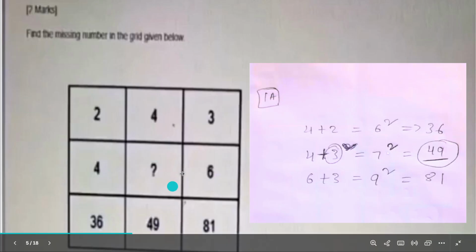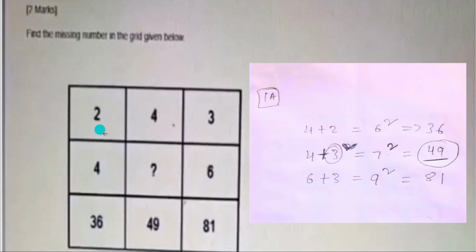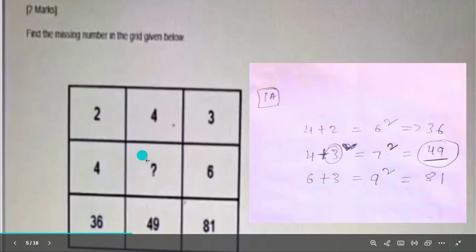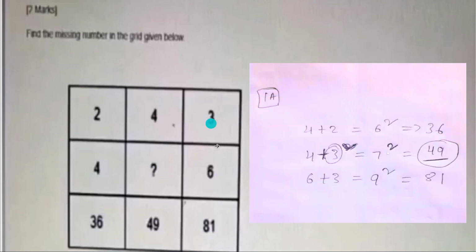So the trick is square: add these two numbers and square the total, for example 36. Repeat the same pattern. You can also see 3 plus 6 is 9, right? And 9 squared is 81. Like this you have to check the puzzles.